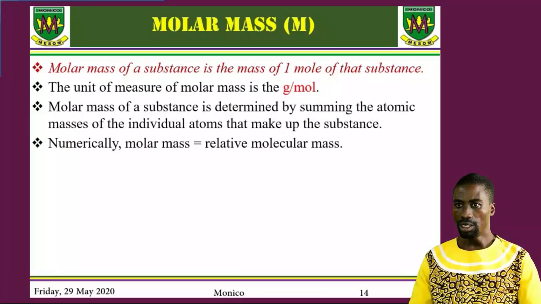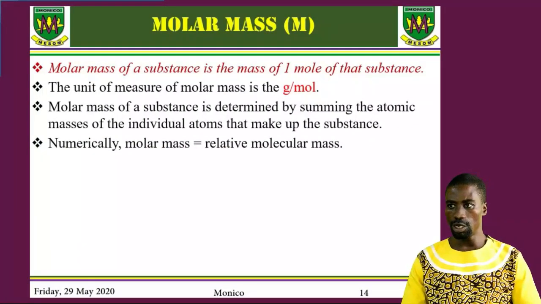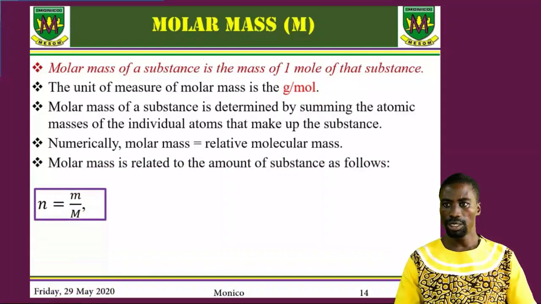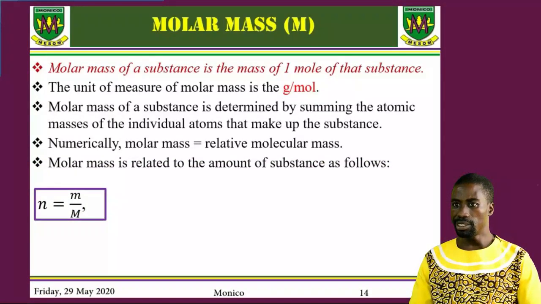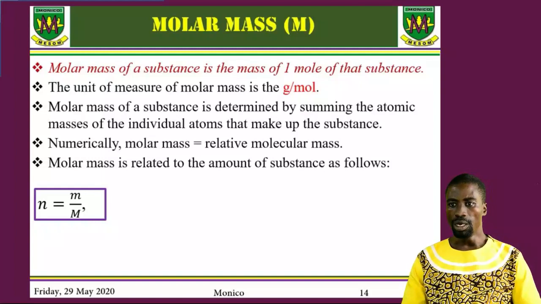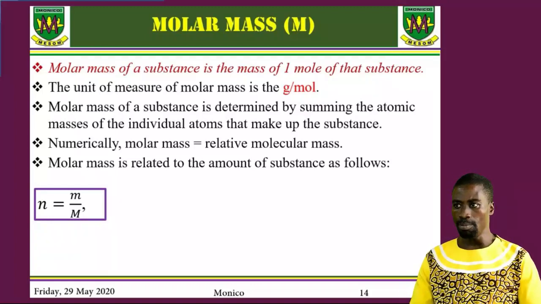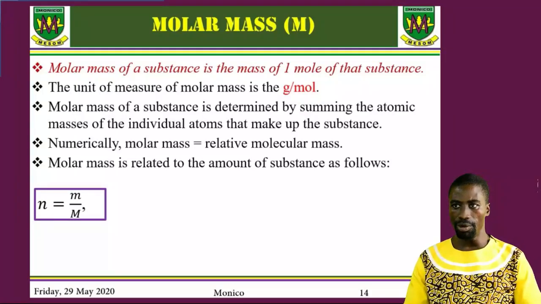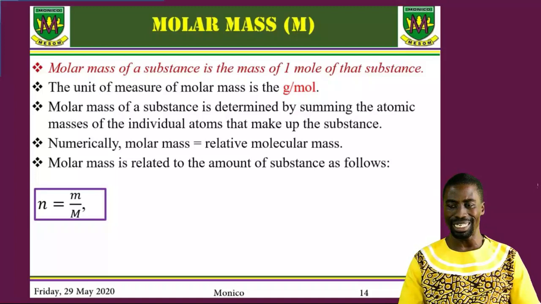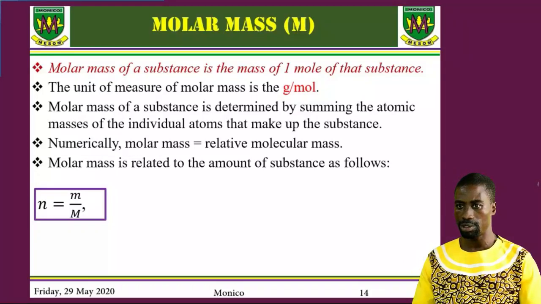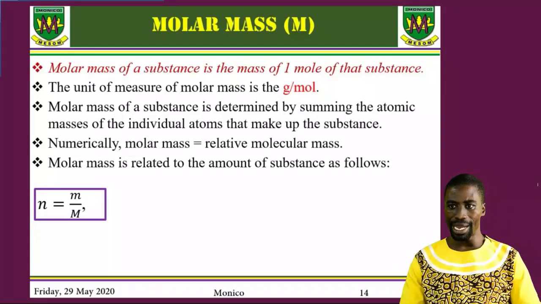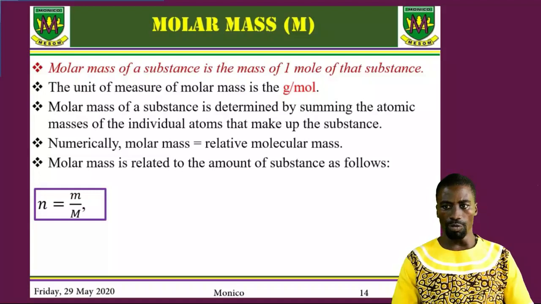Numerically it is equal to relative molecular mass. We are also saying here that molar mass relates to amount of substance. There is a relation between molar mass and the number of moles, or the amount of substance, and it is given by mass over molar mass.